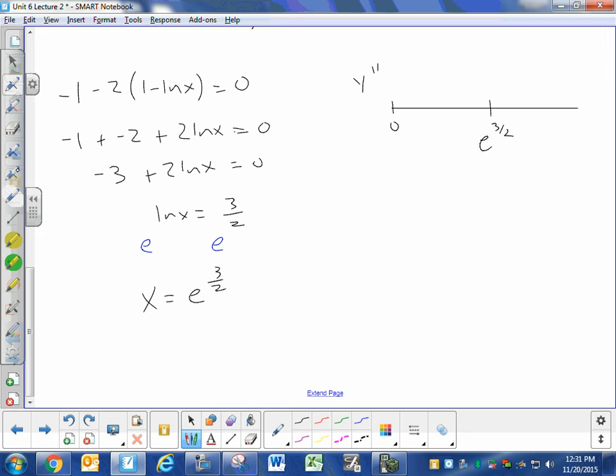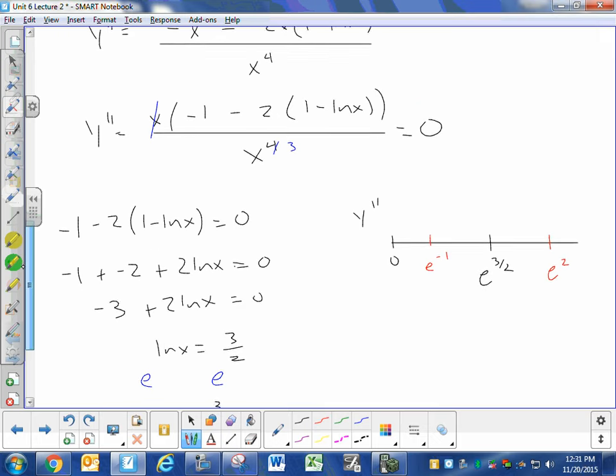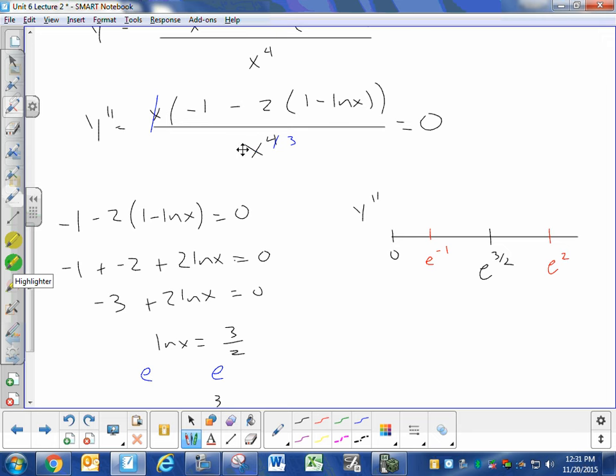Now, again, we need to test the signs of my second derivative. I will use values like e to the negative first, or just e, and then e squared. I'll plug it into my second derivative. Again, since it's a positive value, the denominator will remain positive. So I really have to worry about just the numerator. This is the simplified numerator for y double prime.